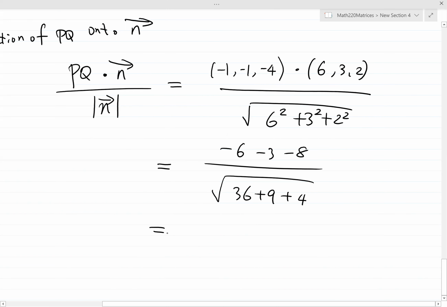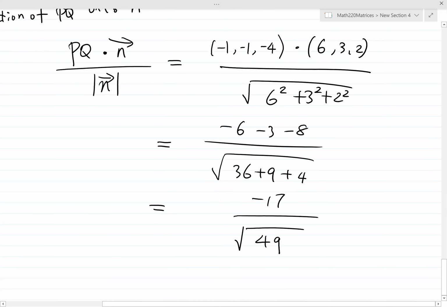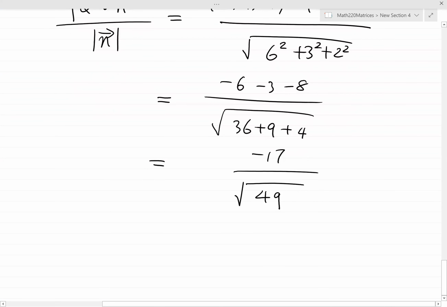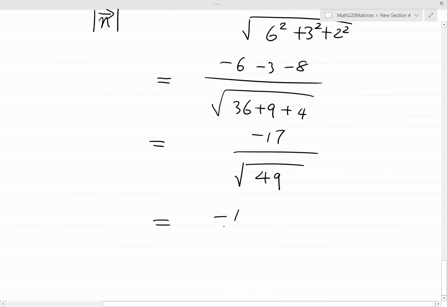So this is 49, and we get negative 17 over 7. But here the distance is positive, so we take the absolute value.